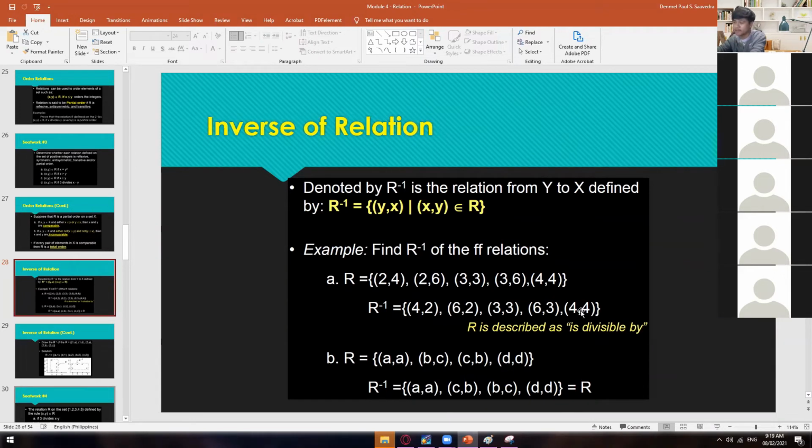Basically, it's asking you to have an inverse of relation, R raised to -1. You just have to interchange the x to y and then y to x, which is the same with this example. The same with letter B: we have BC, we have CB. We have CB, we have BC. Are we clear so far regarding the inverse of relation?